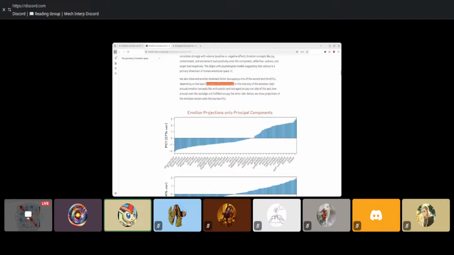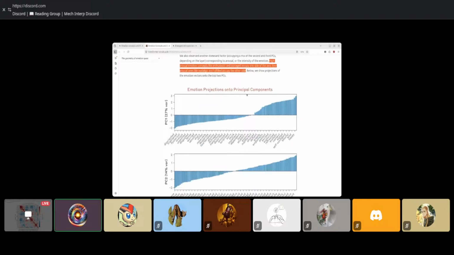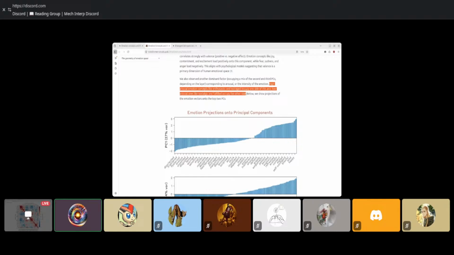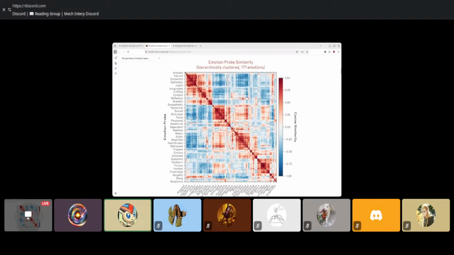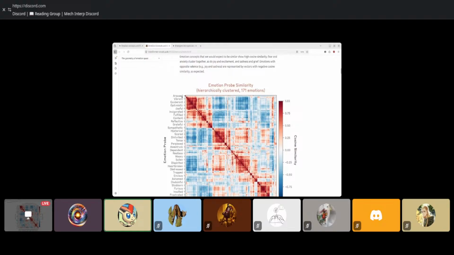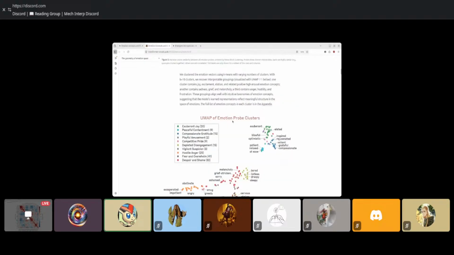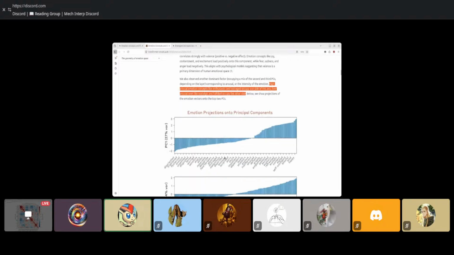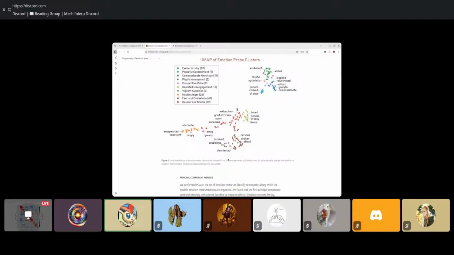Okay, so this relates to the thing we were saying about arousal, the intensity of the emotion. High arousal emotion concepts like enthusiastic were on one of the axes, and low arousal was the other. Yeah, there are psychological models that use valence and arousal as two main dimensions. Okay, so this aligns. Also, I guess the different probes don't have to be the same thing. If you get the PCA and they get arousal, it might be that they are different emotions.